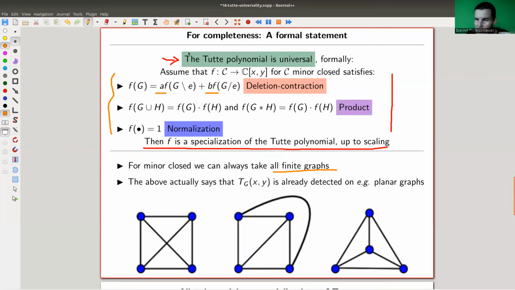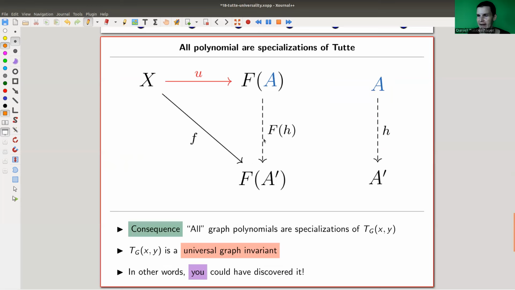And clearly not all graph polynomials will satisfy those properties, but quite a few will. What I would like to say here is that it's a universal graph invariant. It's a universal graph polynomial, which makes it interesting by definition. If you have seen universal properties in categories, fine; if not, ignore it, it doesn't really play a role.